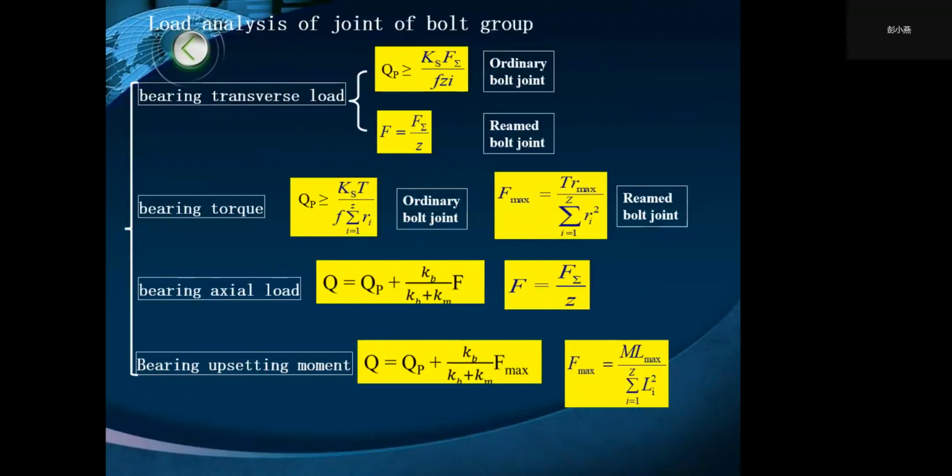And we can identify the bolt that carries the largest load and ensure its safety. And when the bolt is bearing transverse load or torque, we consider this under two conditions: the ordinary bolt joint or the Raymond bolt joint.